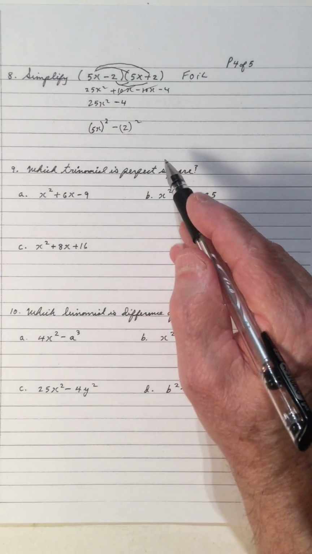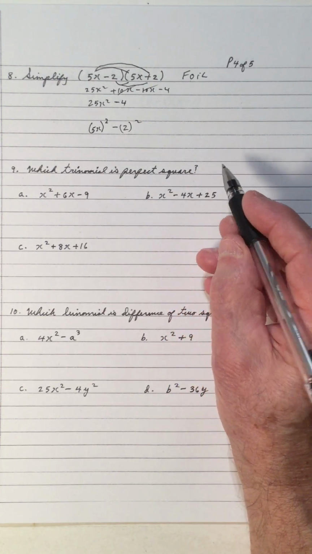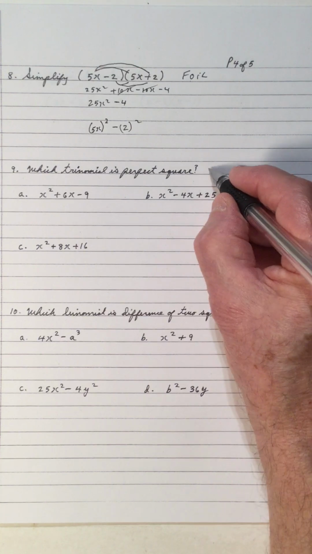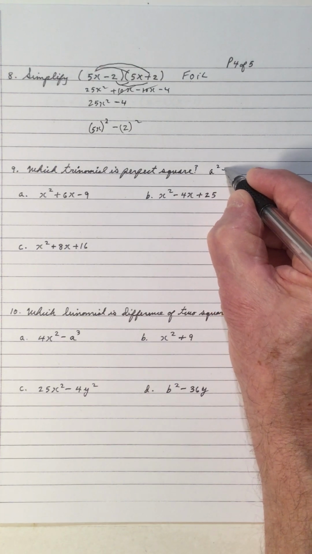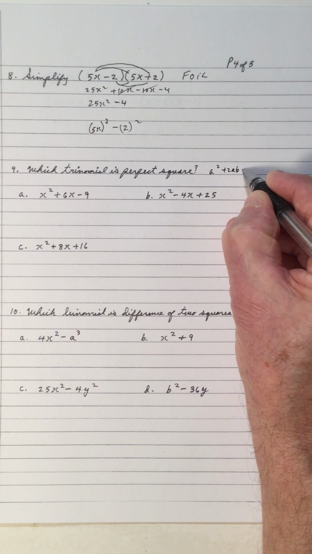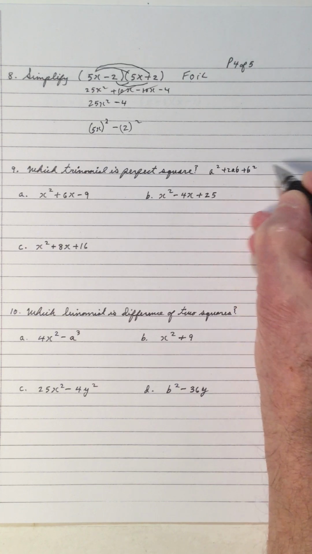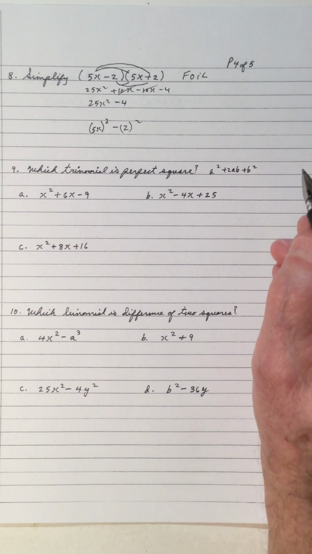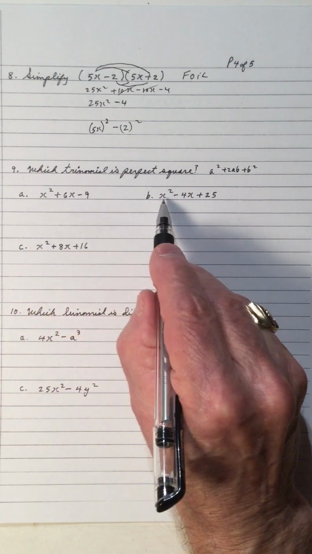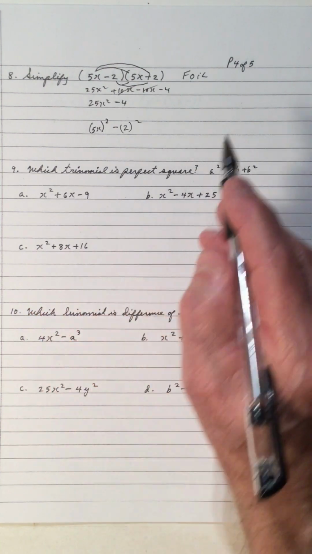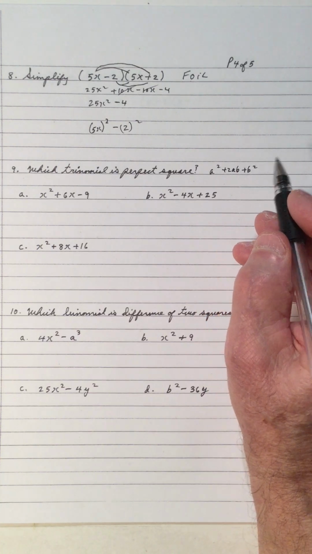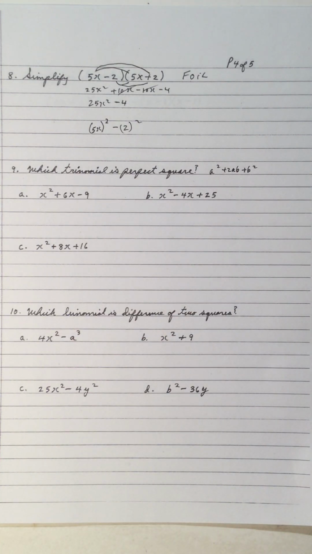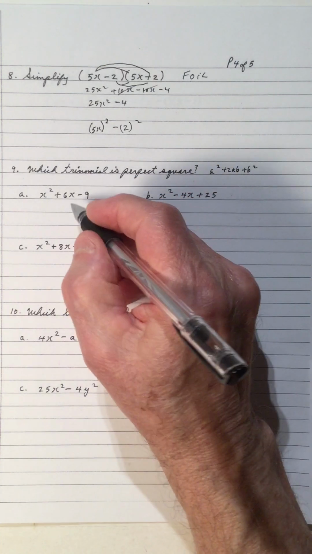Number 9, which trinomial is a perfect square? A perfect square has the pattern of a squared plus 2ab plus b squared. So a perfect square trinomial has to be 3 terms. But to be a perfect square trinomial, you have to have a square on each of these.